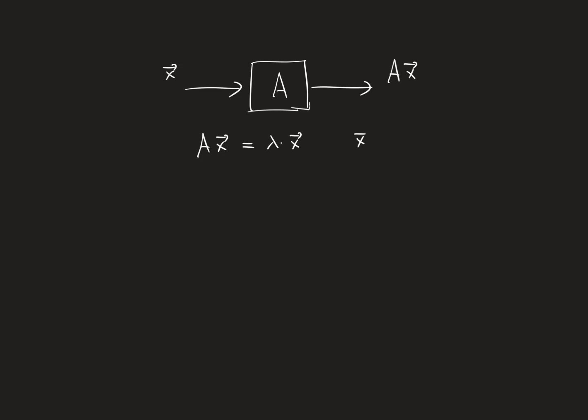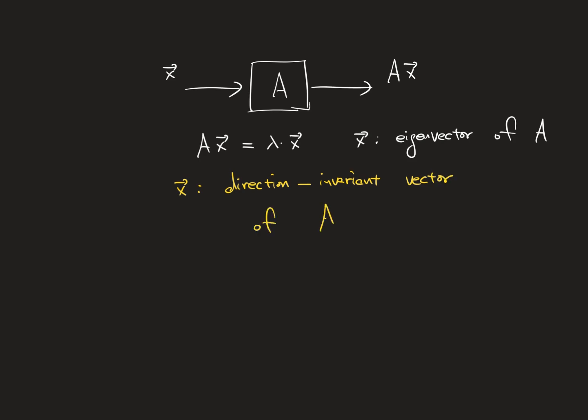So we will call x vector an eigenvector of A. And we think of the x vector as a direction invariant vector of A, I mean under A multiplication.